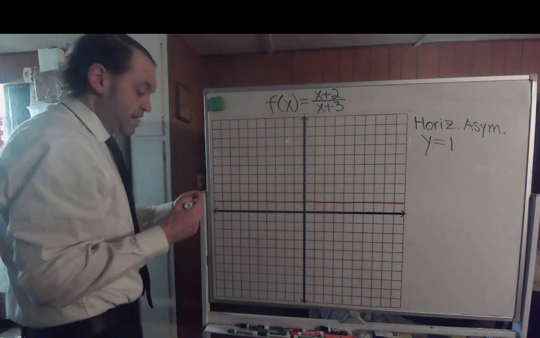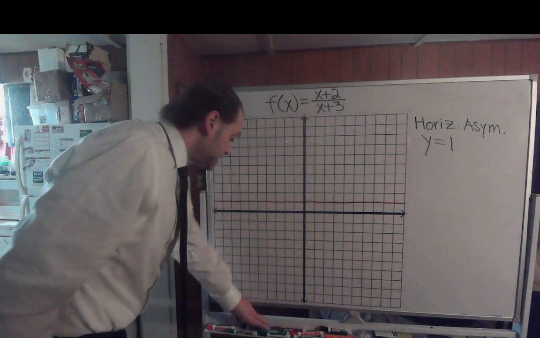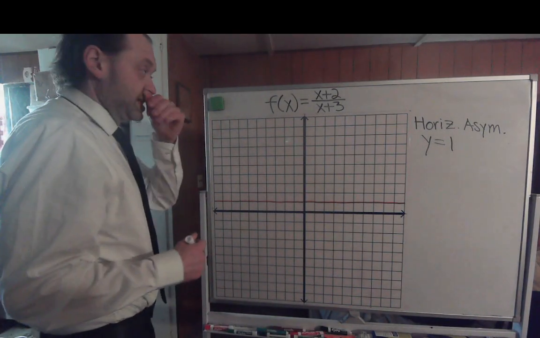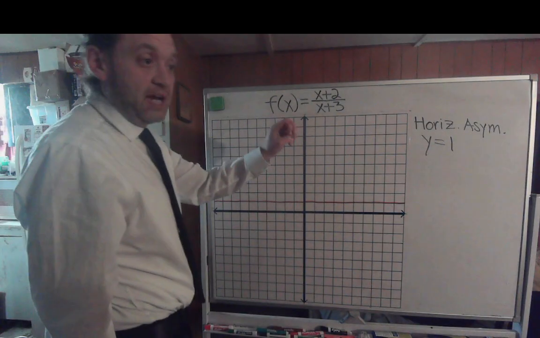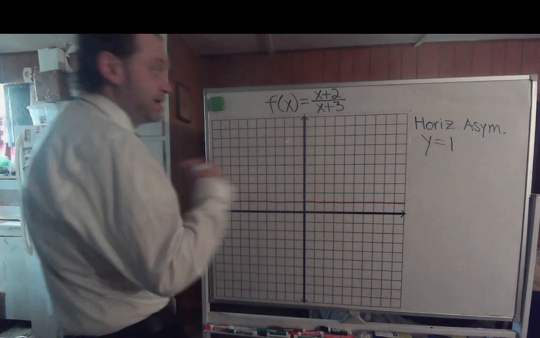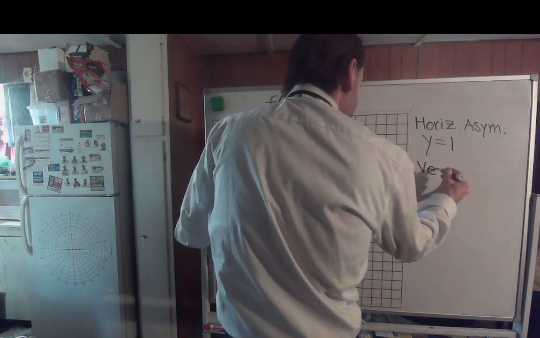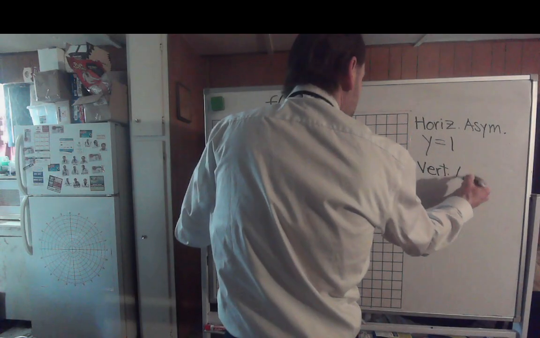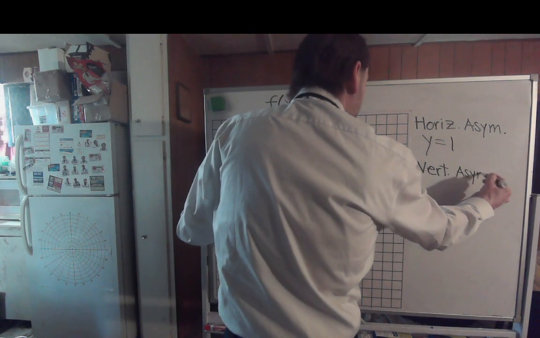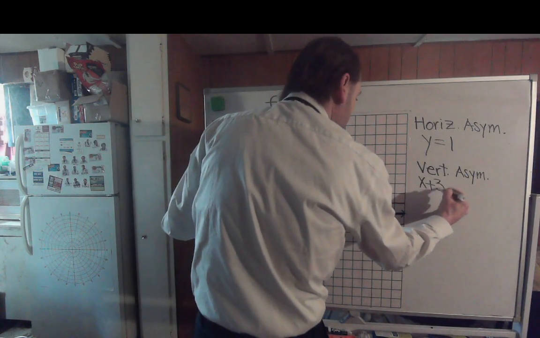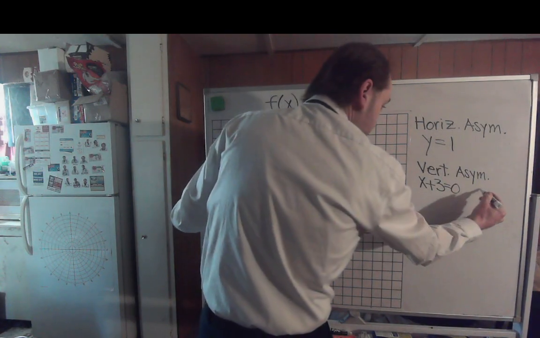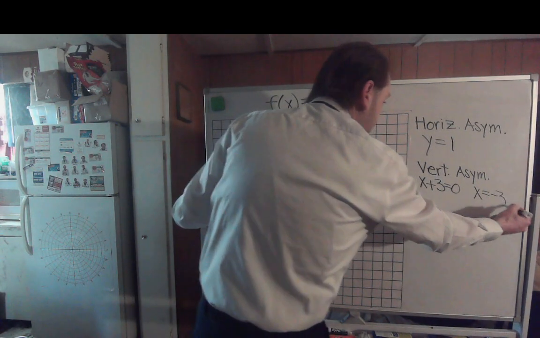Okay, now we still have the vertical asymptote to consider, which is going to be the same as before. You just take that denominator, set it equal to 0. So for your vertical asymptote, you're going to take that denominator of x plus 3, set that equal to 0, which should give you that x equals negative 3.